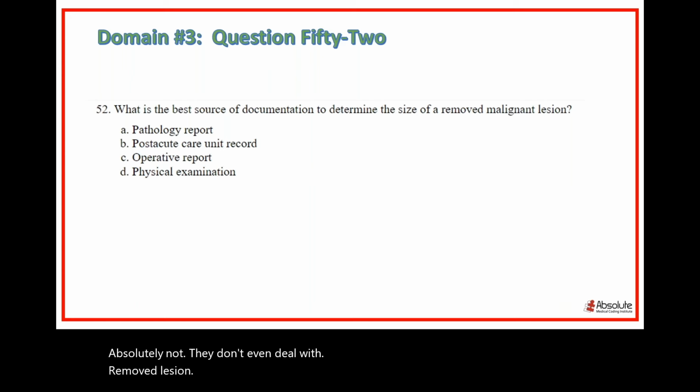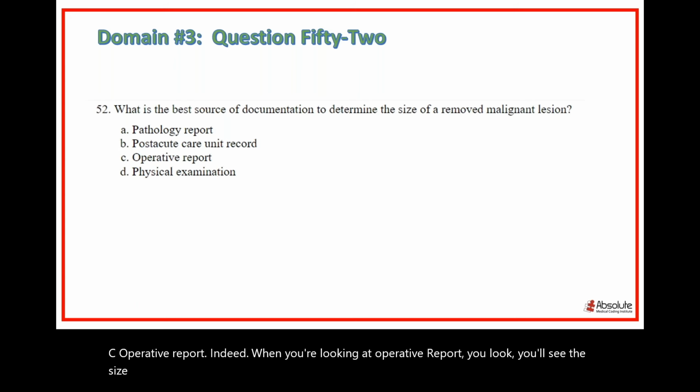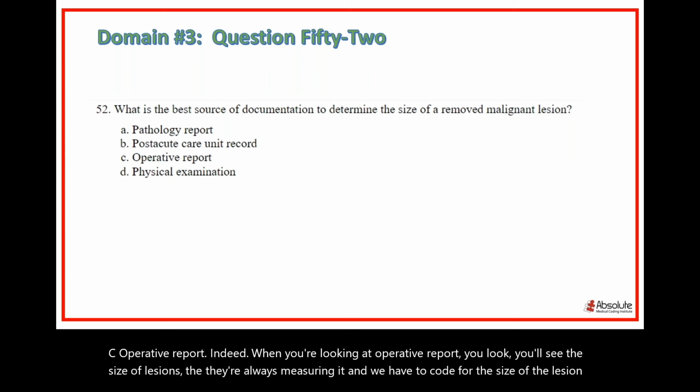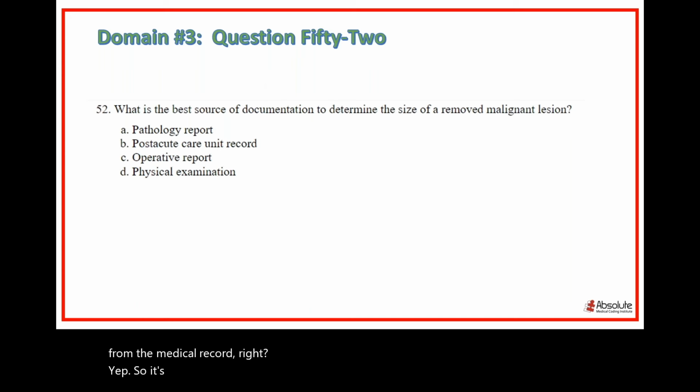C, operative report. Indeed. When you're looking at operative report, you'll see the size of lesions. They're always measuring it. And we have to code for the size of the lesion from the medical record, right? Yep. So it's definitely operative report, not the physical examination. And if you said C, outstanding.